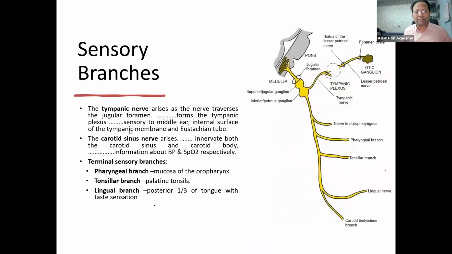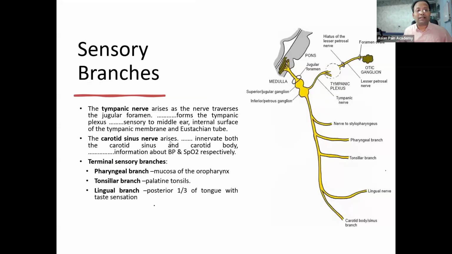Now you see the sensory branches. The tympanic nerve is one branch. This tympanic nerve ultimately supplies the middle ear, the internal surface of the tympanic membrane, and the eustachian tube. So you can understand that in glossopharyngeal neuralgia, pain can radiate to the ear.